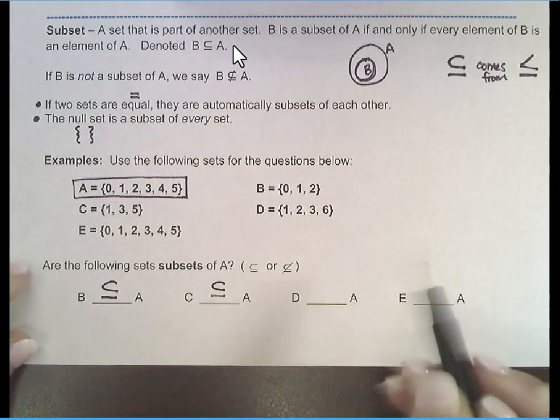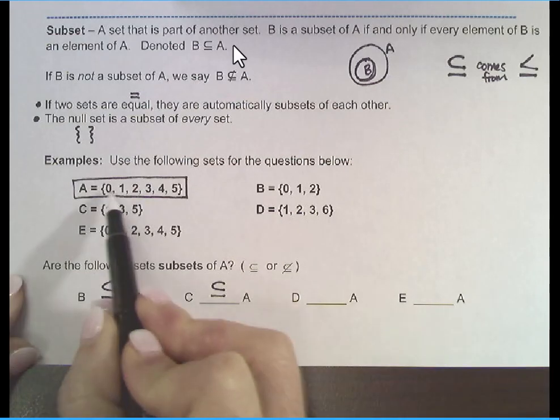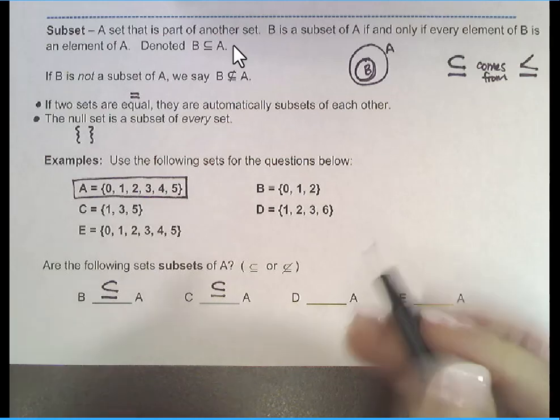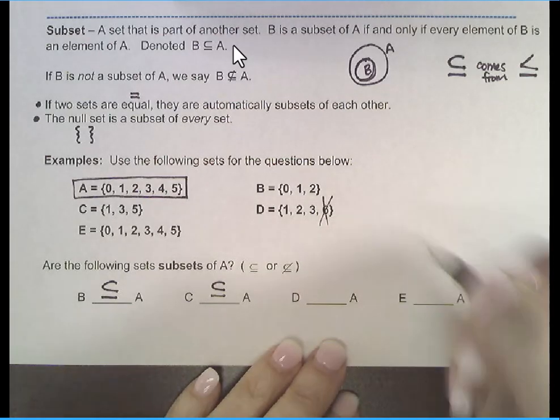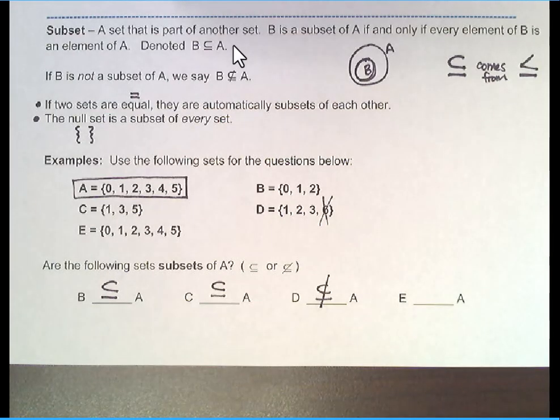How about D? D has 1, 2, 3, and 6. Are all of those elements inside of A? Well, no, 6 isn't. He's kind of the problem child. So D is not going to be a subset of A because of the 6. And then what about E?